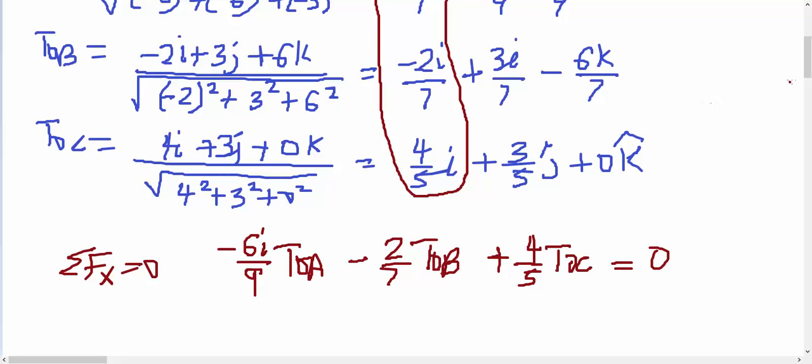This is the first equation. The I isn't really necessary, since we know we're summing in the x direction, so these are all in i's, so might as well take it off.